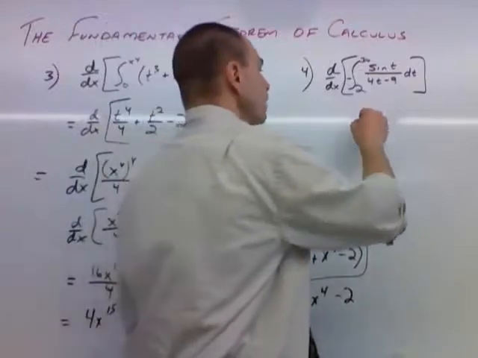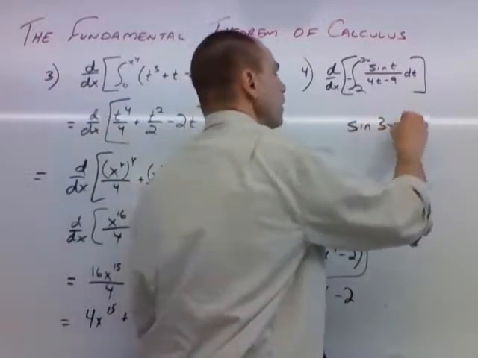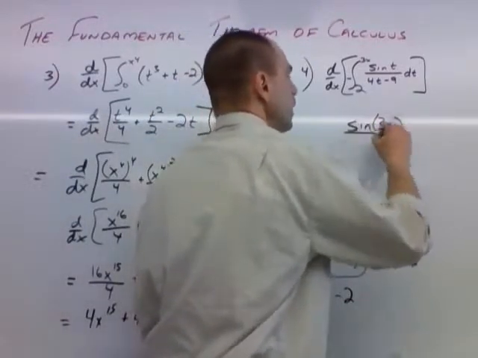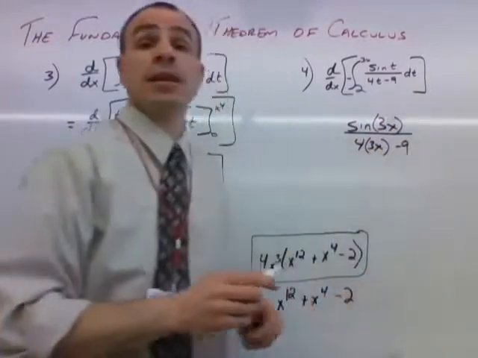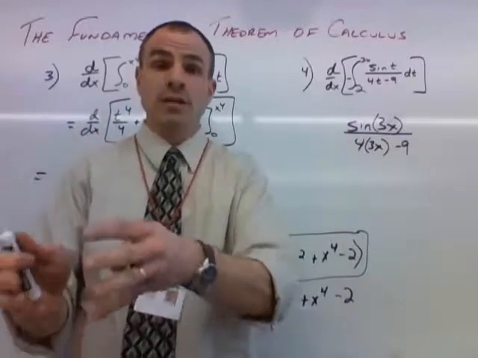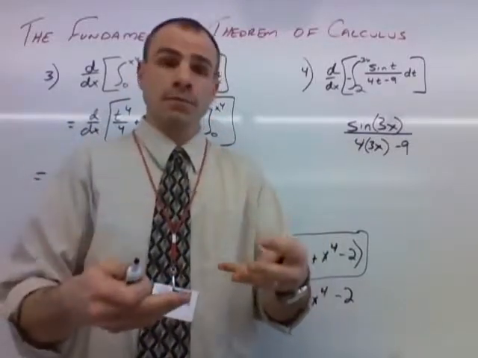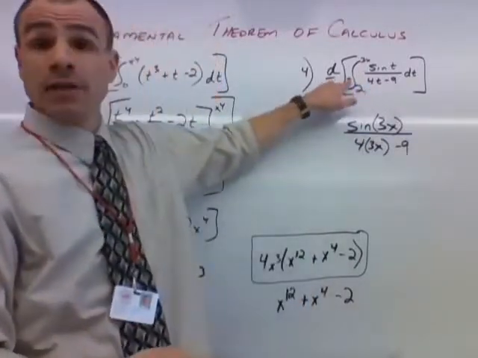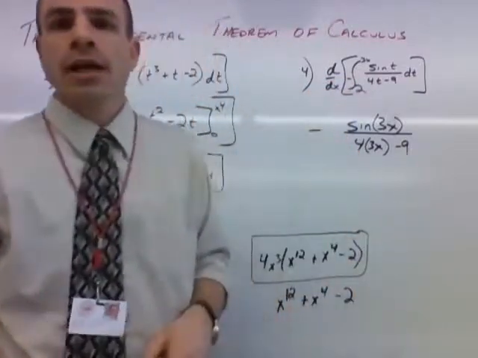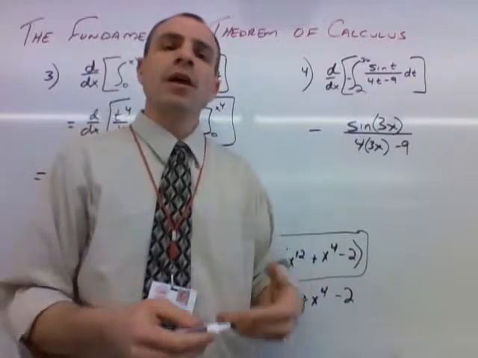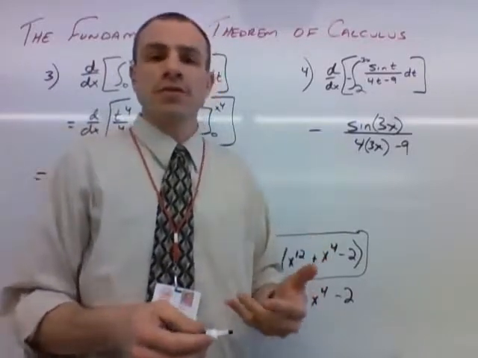We have sine 3x, and then we have 4 times 3x minus 9 in the denominator. So we're replacing the t with the inner function. We still need our negative sign because that didn't go away. That's a coefficient, so that stays. And then we need to multiply this by the derivative of the inner function.